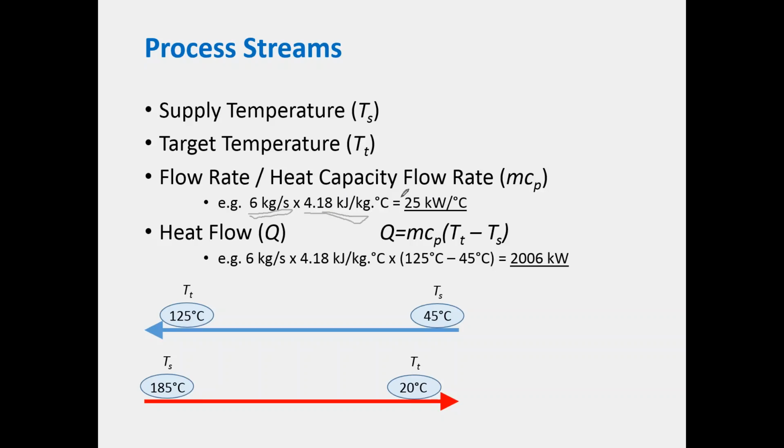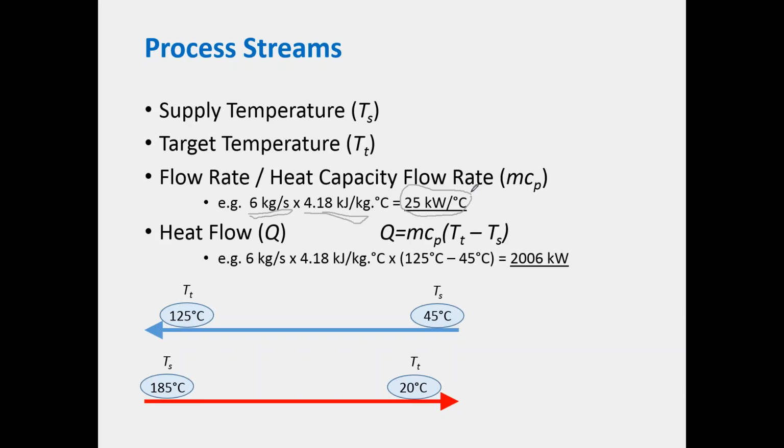Then our heat capacity flow rate, or our MCP for that particular process stream, will be 25 kilowatts per degree C. What that tells us about the stream is that for that particular flow rate, we need to supply 25 kilowatts of heating or cooling in order to change the temperature of that stream by 1 degree C.